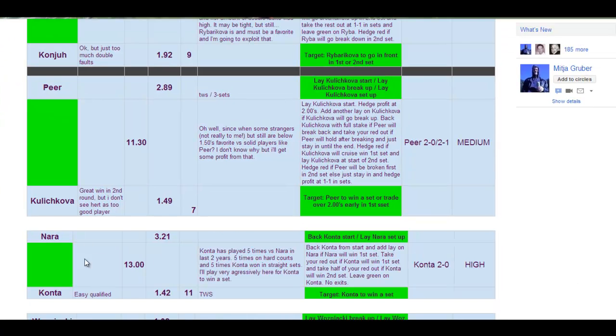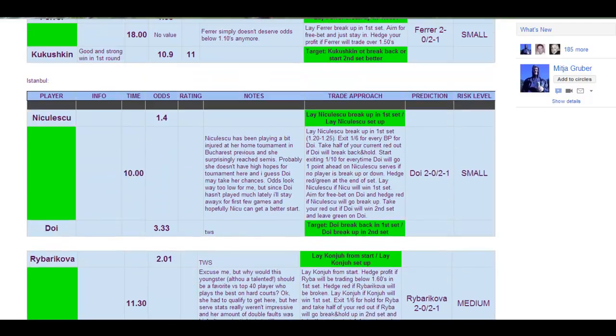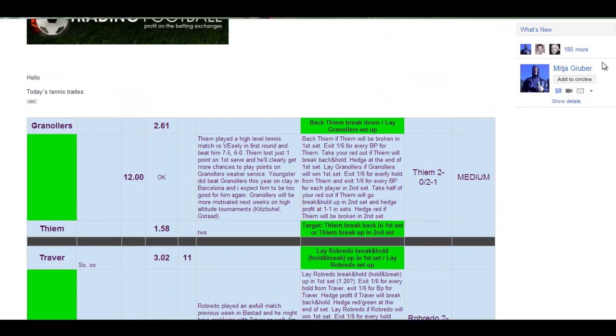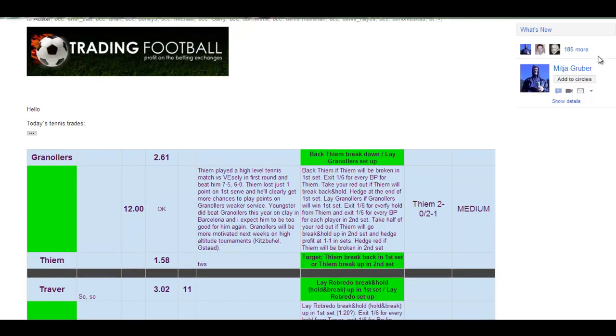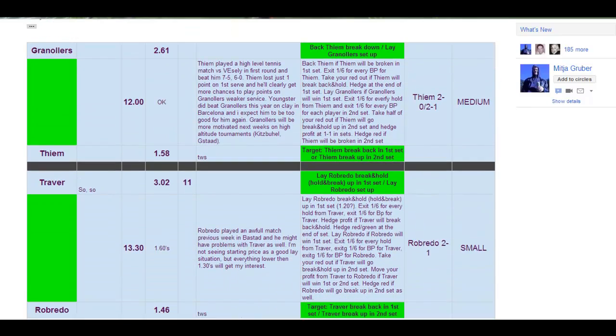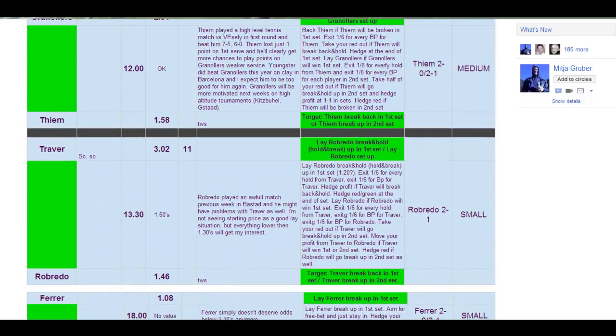While that is getting matched, just another brief look at this email that is sent out. This is a very good example of what members of the tradingtennis.eu service will receive. There are five or six games there, all containing an analysis of the actual players, the start time of the match, and an in-depth analysis of the in-play moves that we're going to be making.